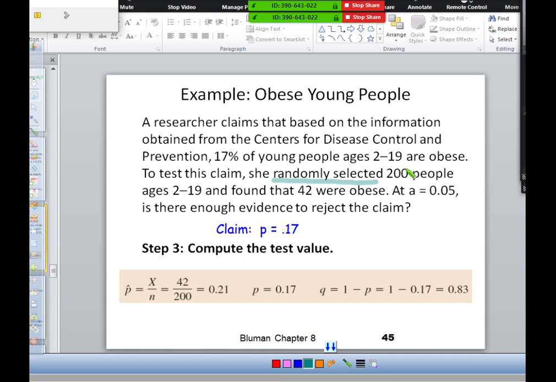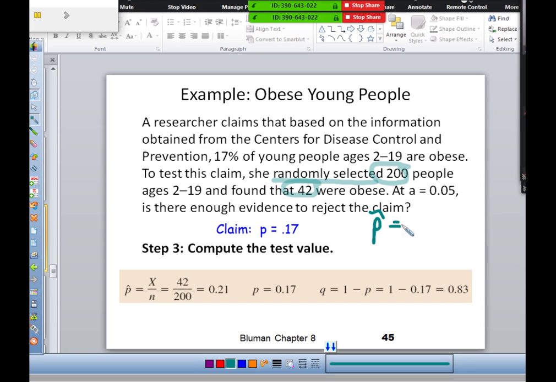Randomly selected 200 people and found that 42 were obese. So that means that my P hat, my sample, is going to be based off of this. P hat is going to equal 42 over 200.